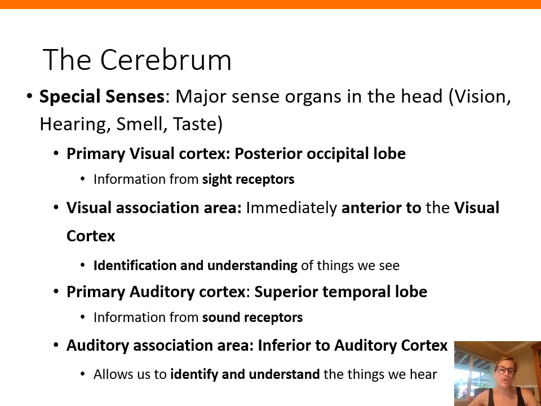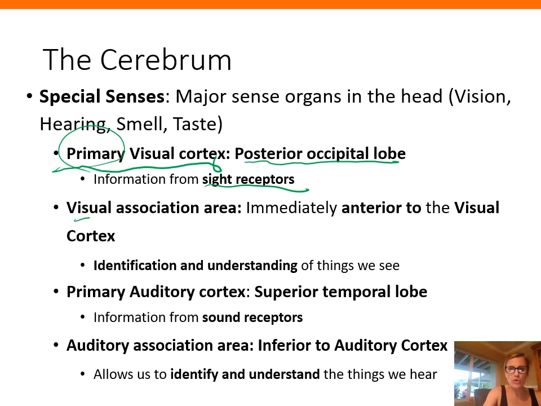And each one's associated with a certain area in the brain. The primary visual cortex is located in the very, very back of the occipital lobe. So the very back of the brain is the primary visual cortex. This is a primary cortex, so it receives raw data from our sight receptors in the eyes, right, which gives us vision.